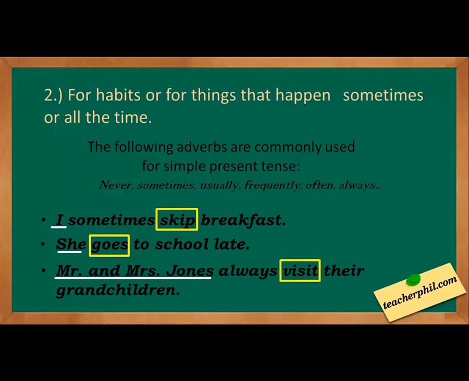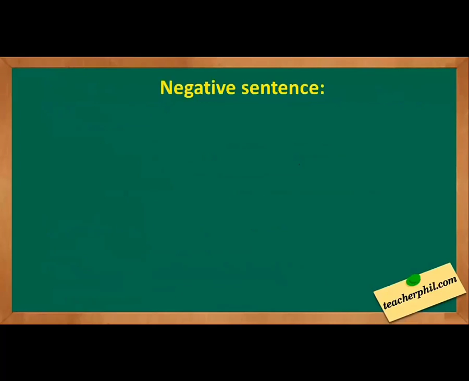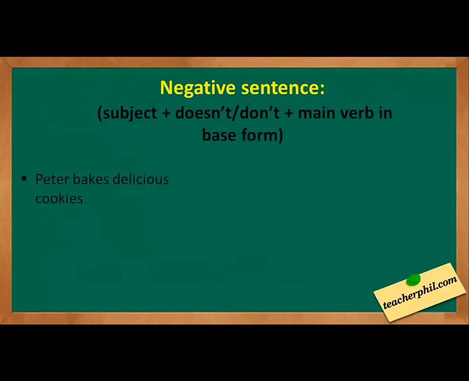If you notice, all the examples follow the pattern subject plus main verb. For the negative sentence, the pattern is subject plus doesn't or don't plus main verb in base form. Examples: Peter bakes delicious cookies.